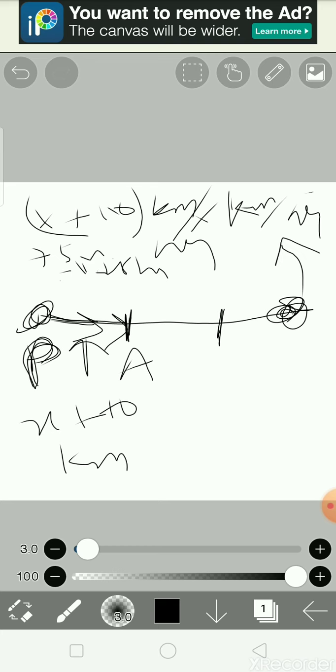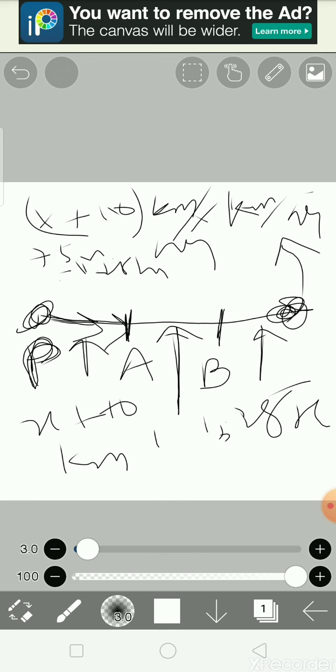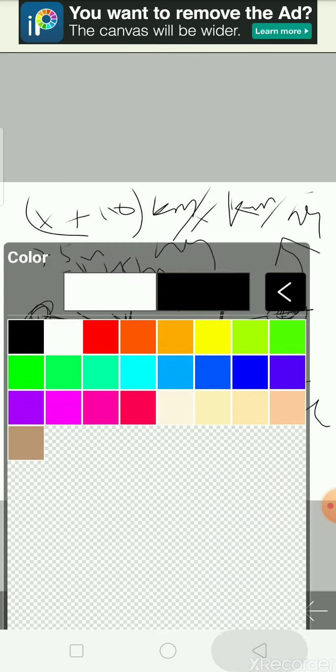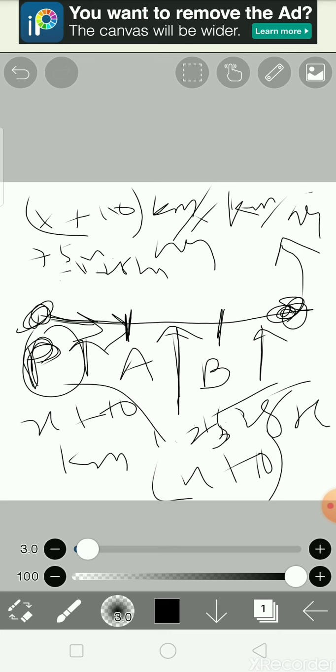So both the car P and Q travel again 1.25 hour and meet at point B. So the distance traveled by car Q is time into speed, that is 1.25 into x. Again, the car P has traveled 1.25 times that of x plus 10, as the speed of car P is x plus 10.